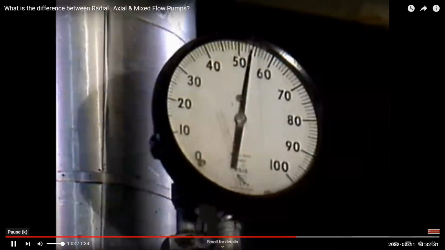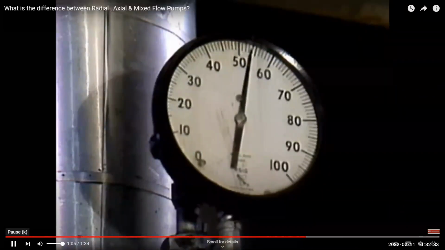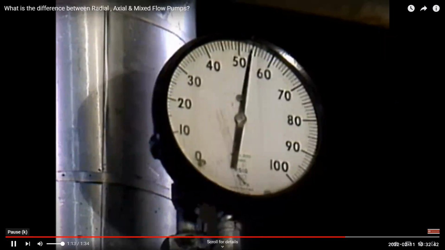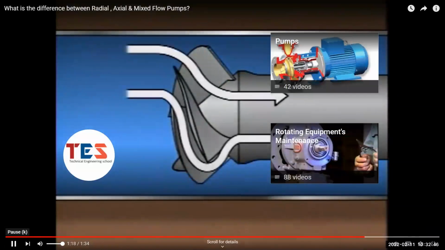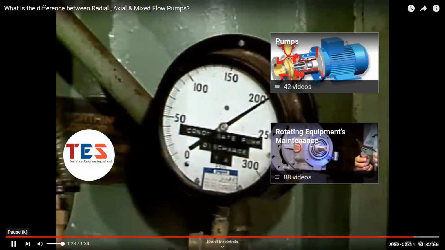As a result, the discharge pressure of an axial flow pump tends to be lower than that of a radial flow pump. However, an axial flow pump may be able to move large quantities of liquid. Mixed flow pumps combine the characteristics of radial flow pumps and axial flow pumps. They use centrifugal force and the propeller action of the impeller's vanes to move the processed liquid. For that reason, a mixed flow pump can develop a relatively high discharge pressure and still move a large quantity of liquid.